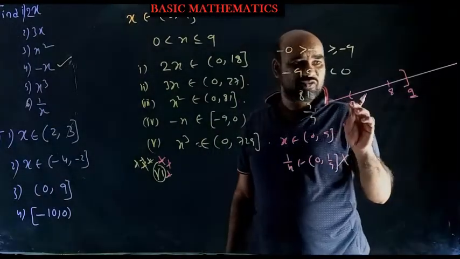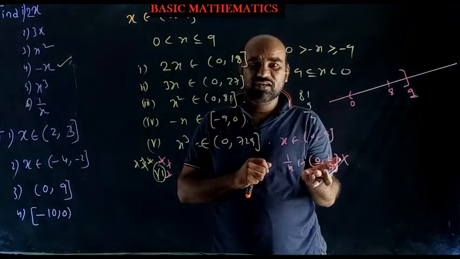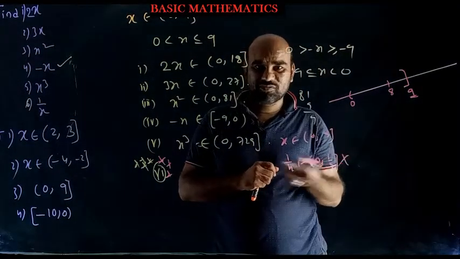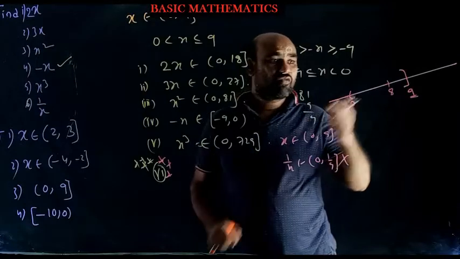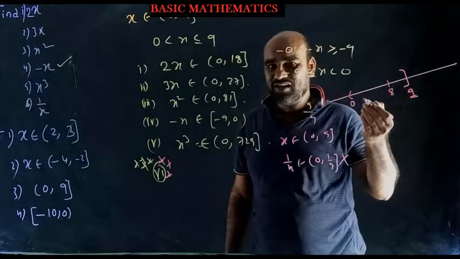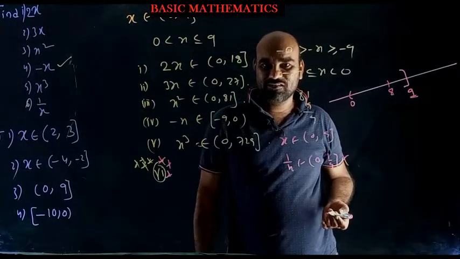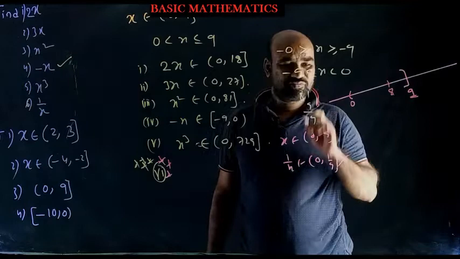Find reciprocals from 0 to 9. The smaller one is 1 by 9. But what did you write here? 0 point something is smaller. That is not correct. So 1 by 9 is smaller. See, 1 by 9, 1 by 8, 1 by 7, 1 by 9 is the smallest one. So our interval will start from 1 by 9 onwards. Okay, one important thing.